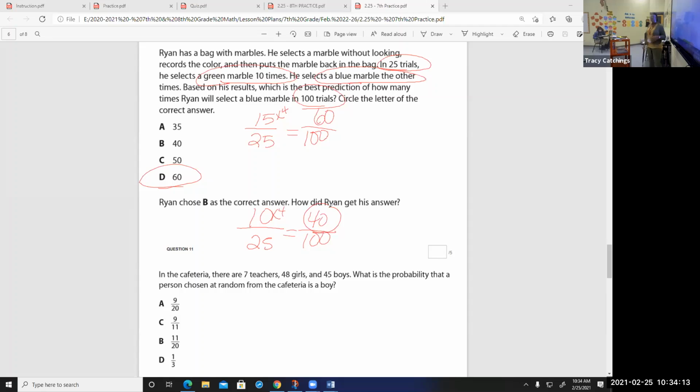Great job. So then I would say Ryan is incorrect because he found the probability of the green marbles instead of the blue marbles. So he probably should have reread the question.